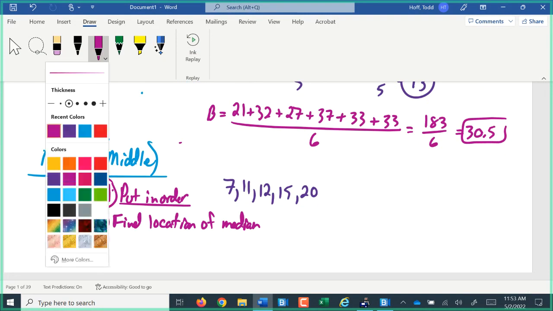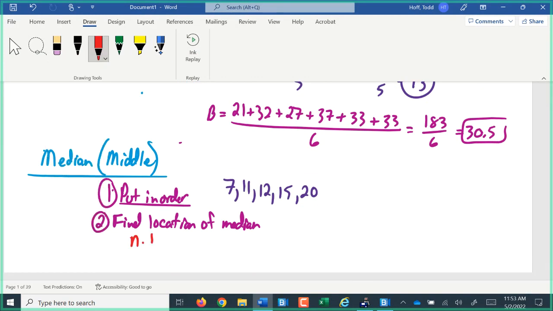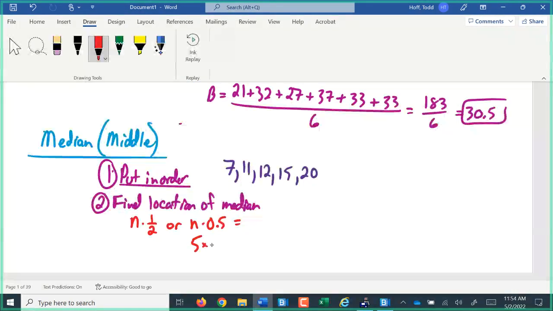To do this, the median is the middle. So that means half of the numbers are smaller, half are larger. So we take n times 1/2, or n times 0.5. For this data set, that would be 5 times 0.5, which is 2.5.